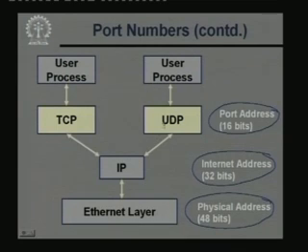So, at the different levels of this hierarchy, we use different ways of addressing the entities. At the lowest level, we are identifying the physical interface. At the next higher level, we are identifying a host. At the next higher level, we are identifying a particular application which is running on the host.